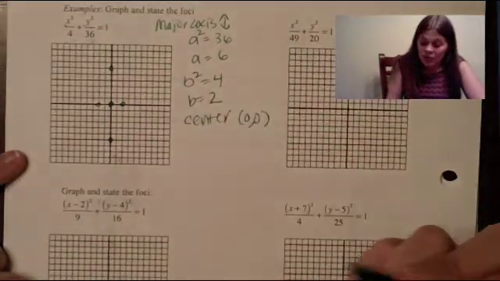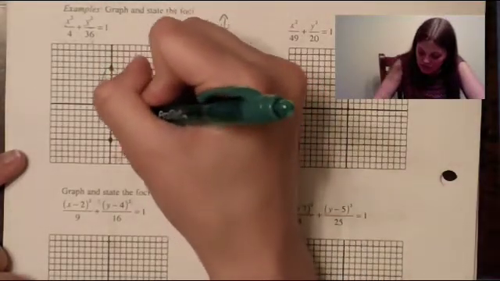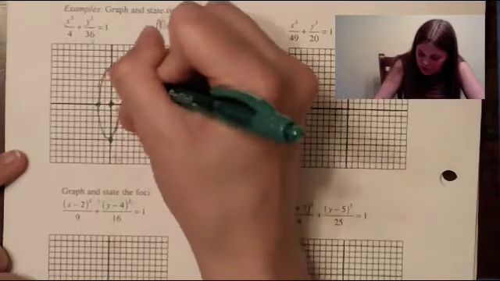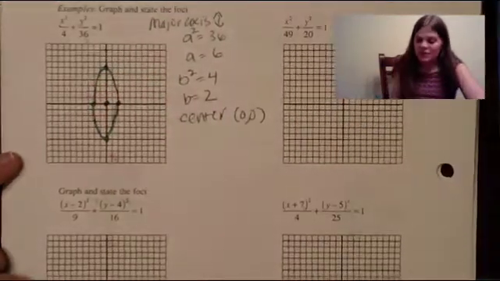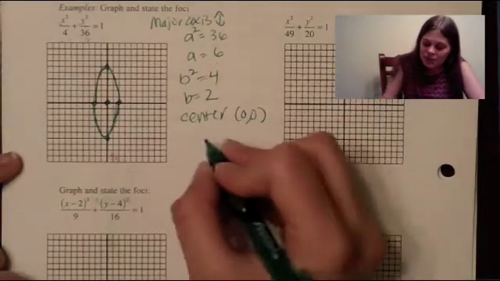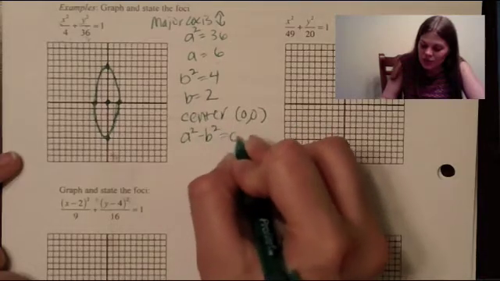So now I'm going to create an elliptical kind of shape and try and make it look nice and curvy as possible. Kind of like that. Now, in order to find the foci, I need to use my equation a squared minus b squared equals c squared.